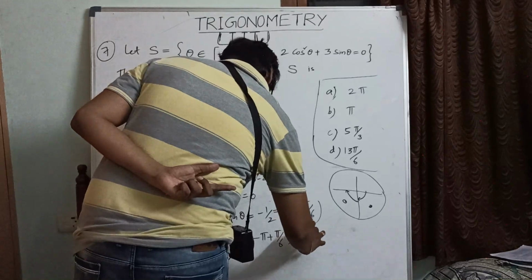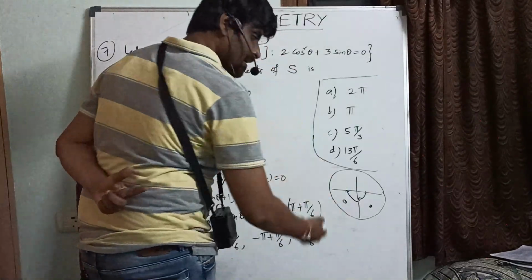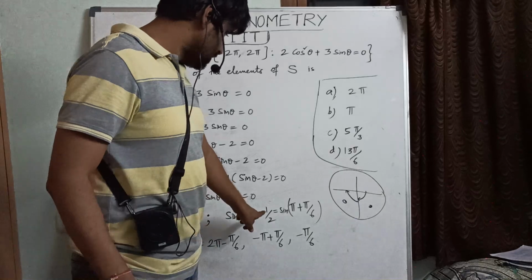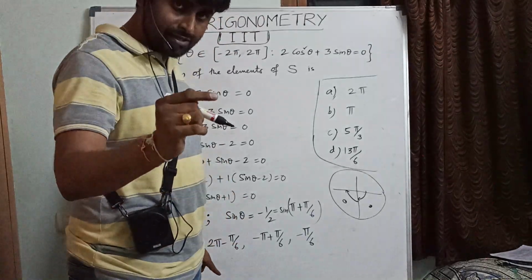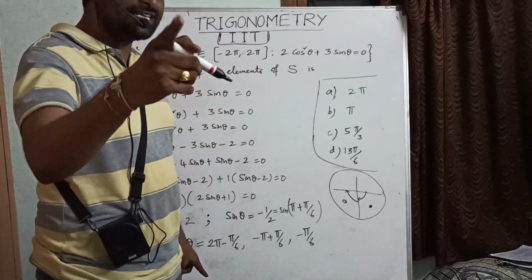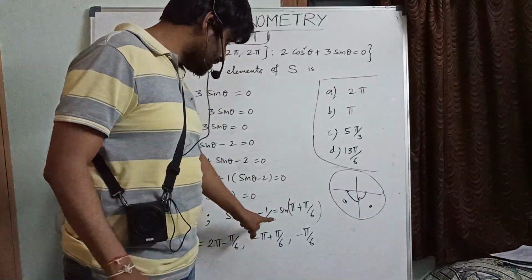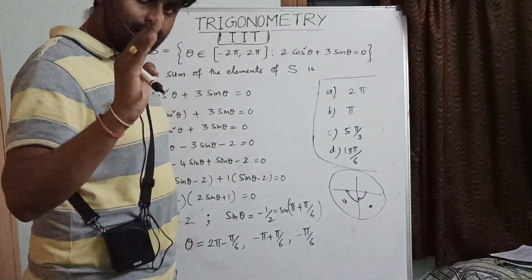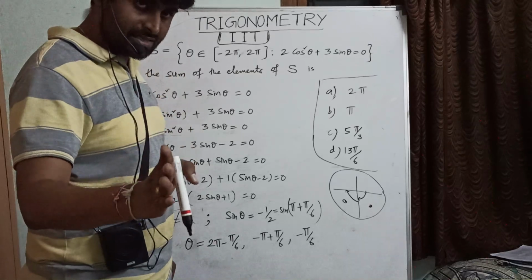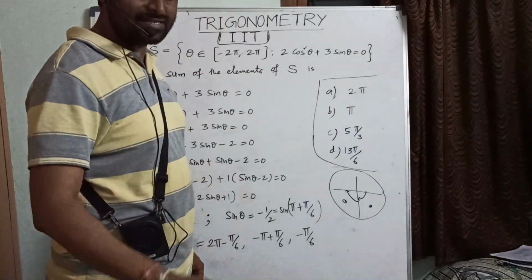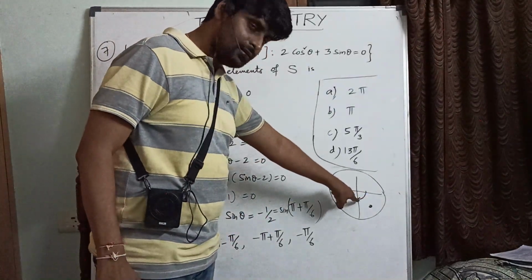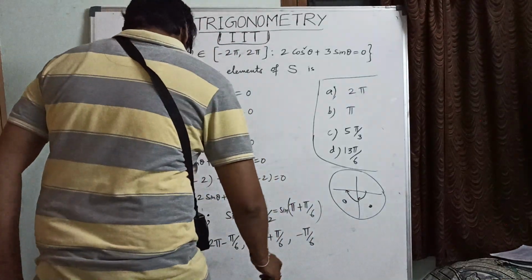Minus pi by 6 also we can take, because minus pi by 6 means a negative angle. Plus 1 by 2 means plus 30, plus pi by 6. Minus 1 by 2 means minus pi by 6, minus 30. Okay, right? So now what are the possible values you can take?